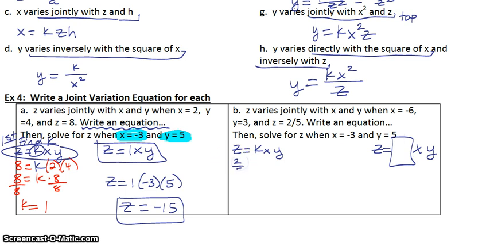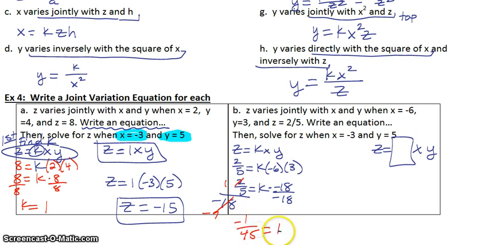So z is 2/5, x is -6, y is 3. Alright. -6 times 3 is -18, and then I'm going to divide off the -18. So really what's happening is I end up with -1/45 for k.